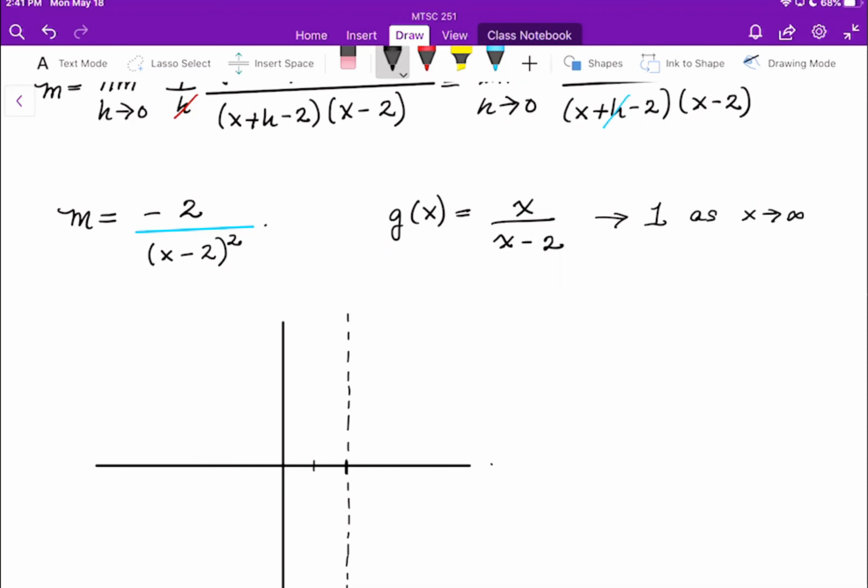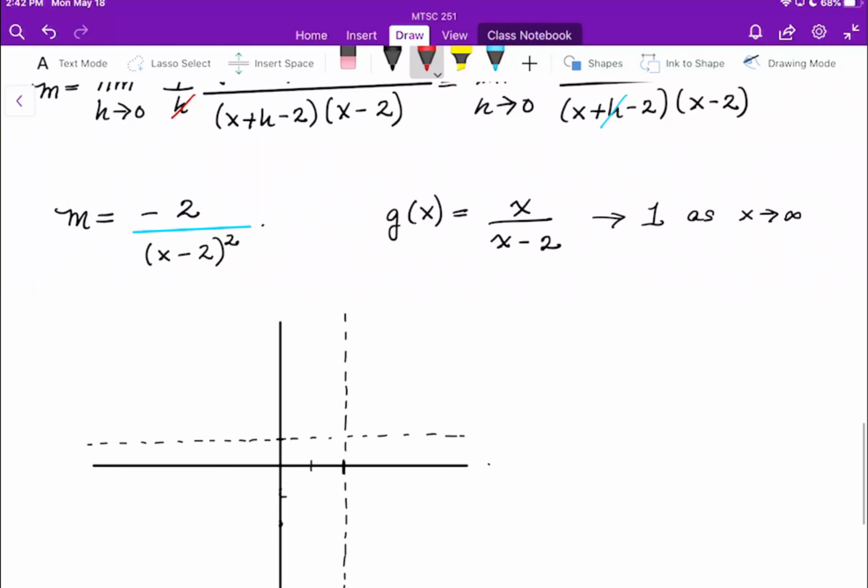So therefore, we're going to have a horizontal asymptote. And if we put 0 in our function, when x is 0, our function is 0.